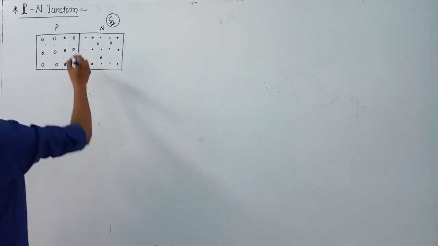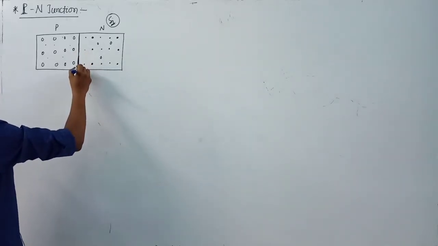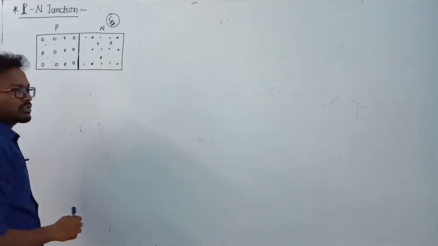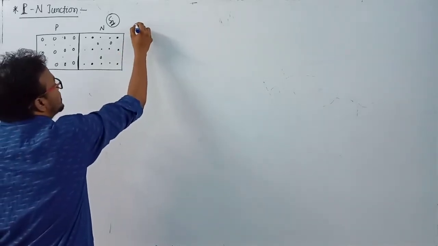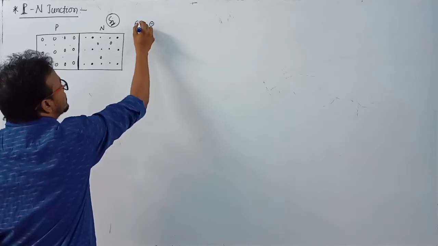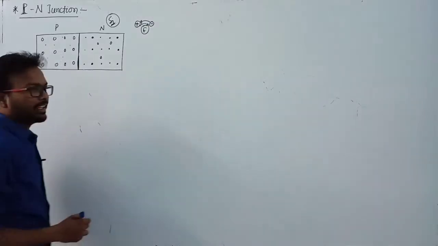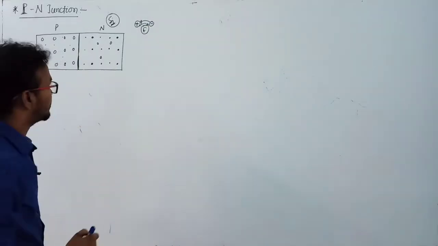Now when we combine the p-type and n-type semiconductor, according to Coulomb force, if two opposite charges are placed very close to each other, they are attracted to each other with a force, and that force is known as electrostatic force or Coulombic force.